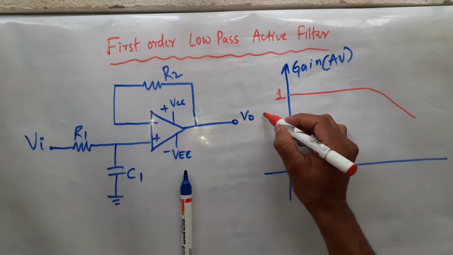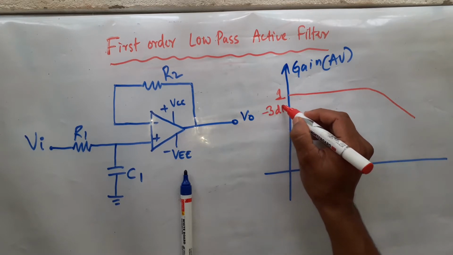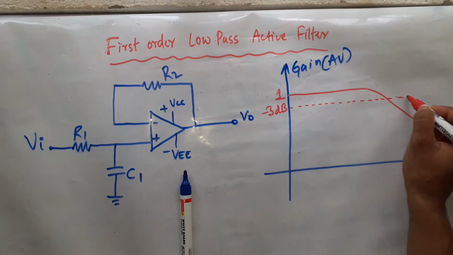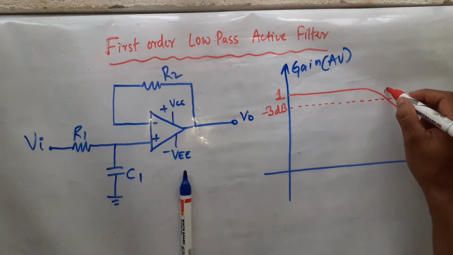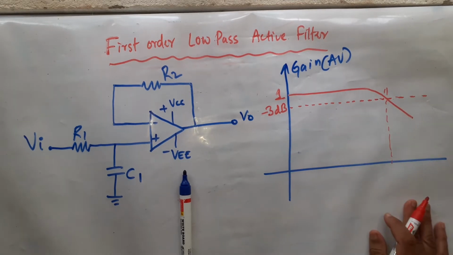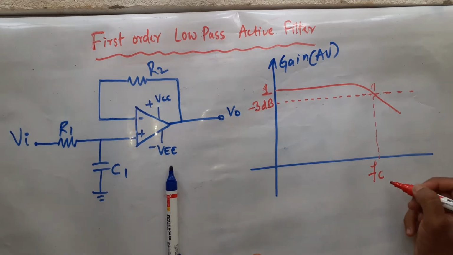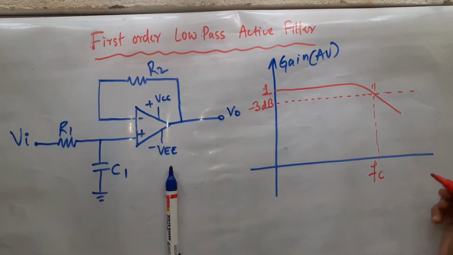When your gain decreases to minus 3 dB, this point is called as cutoff frequency, FC. FC stands for cutoff frequency.